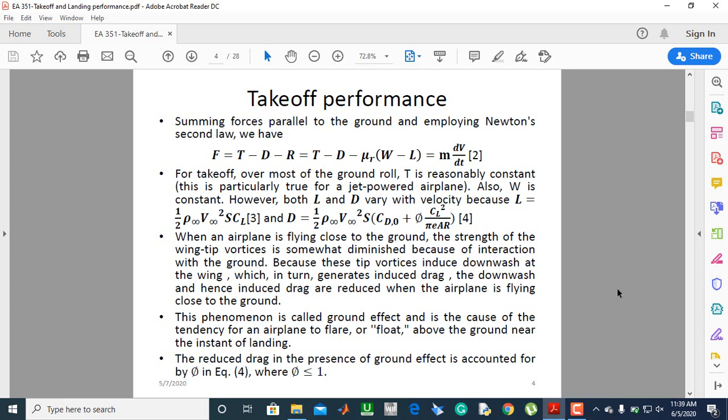The right hand side of this equation, which is m multiplied by dv/dt, is simply the acceleration. Then the lift and drag are given by the dynamic pressure multiplied by the area and the lift coefficient, and for the drag the same expression, just substitute the drag coefficient. So this part is not very hard to understand.